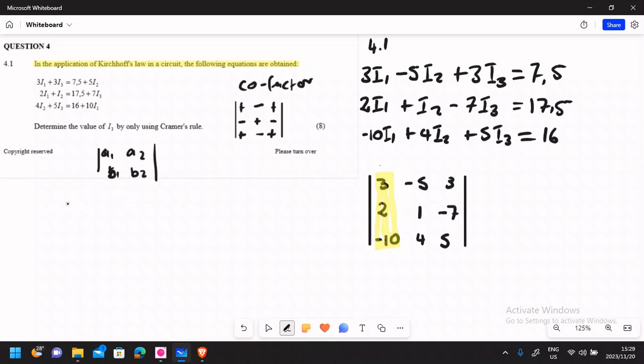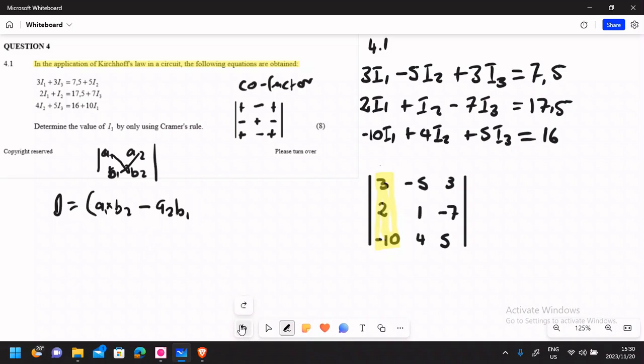Just an example, guys. For the formula for finding the determinant, you multiply a1 by b2, then minus, always minus, a2 multiplied by b1. So this is the formula to find the determinant, just in case you forgot.